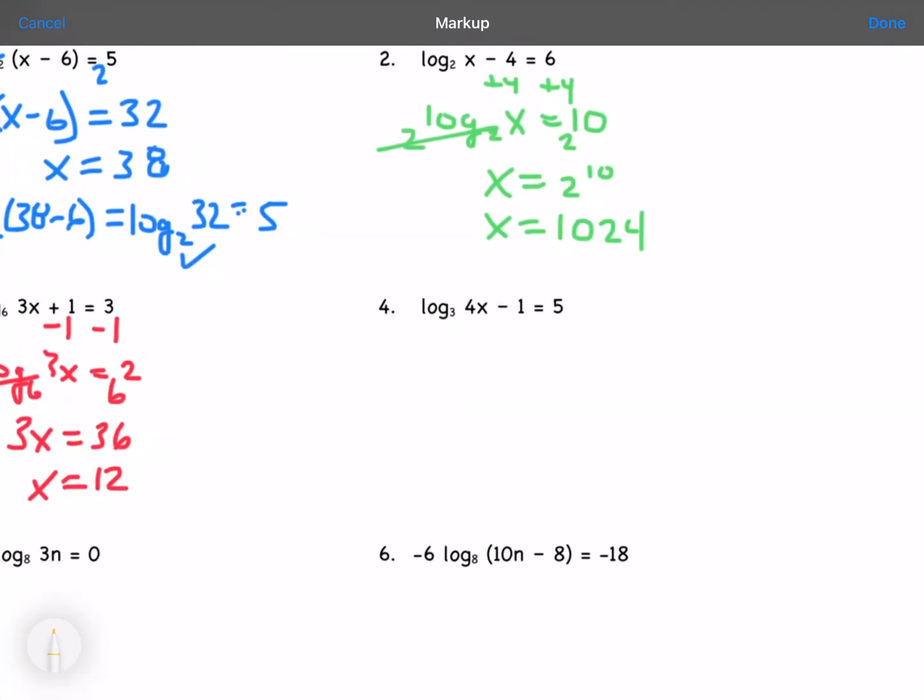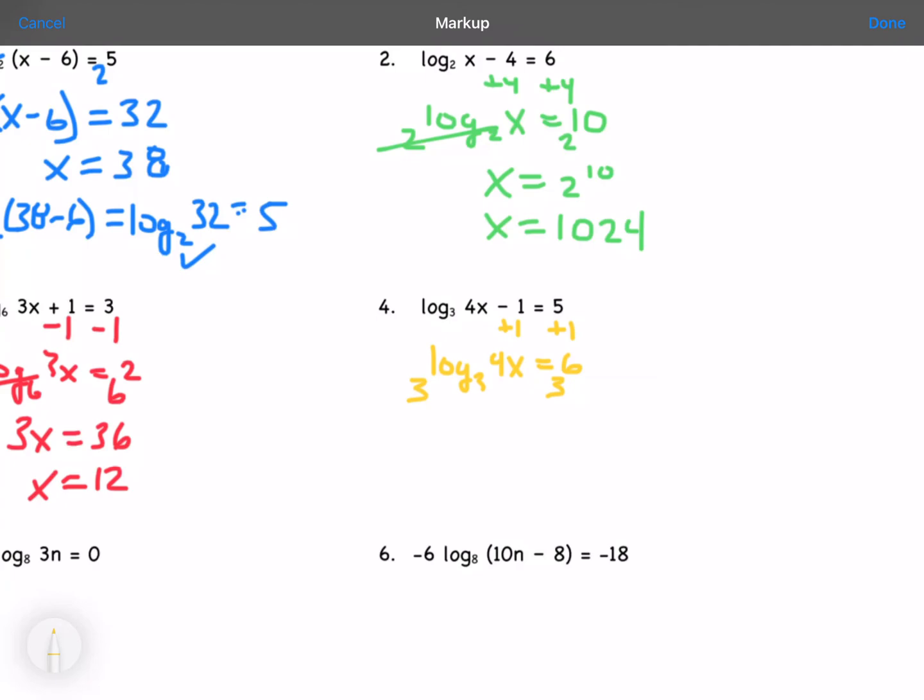Number 4, log base 3 of 4x minus 1 equals 5. We've got to add 1 to both sides. So we have log base 3 of 4x equals 6. And if you notice how I like to write it, I just leave the previous line in, and my new base I drop below it, and so everything else becomes the new exponent.